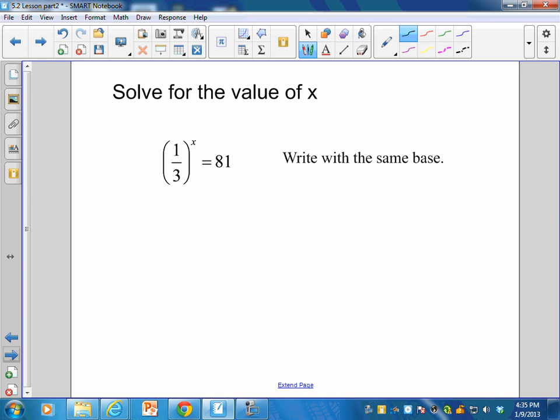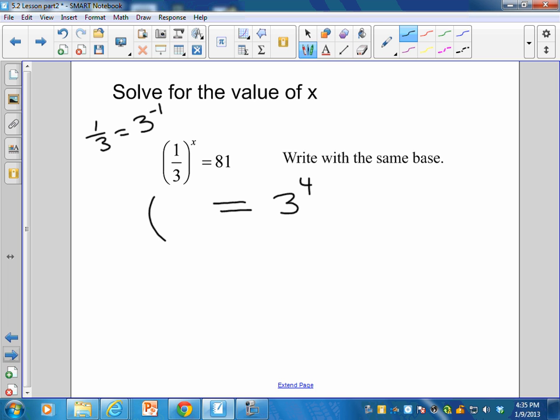The key is to remember that 81 can be written as a power of 3: 3 times 3 times 3 times 3, or 3 to the 4th power. And 1/3 equals 3 to the -1 power.